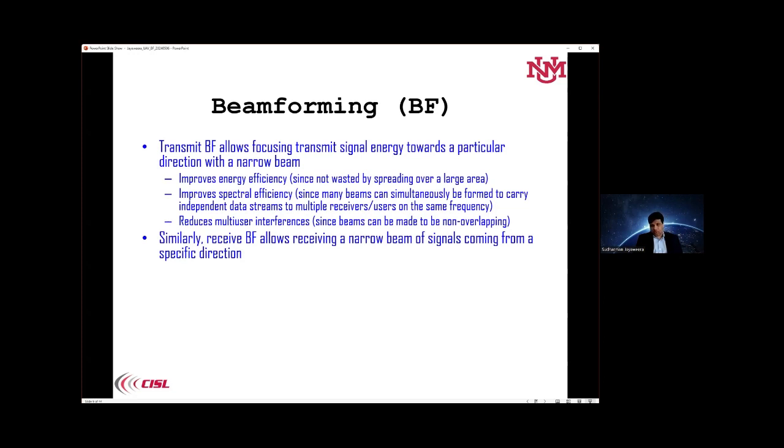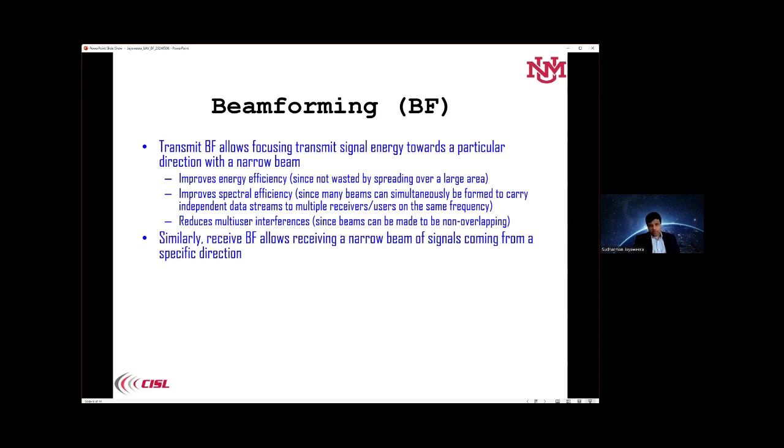Now, this is actually also the same as when you have sectorized antennas at the base station, which goes back even 20, 30 years in the past. It's a common practice to use sectorized antennas where the frequencies are used in different sectors of the same base station, the same cell served by the base station.